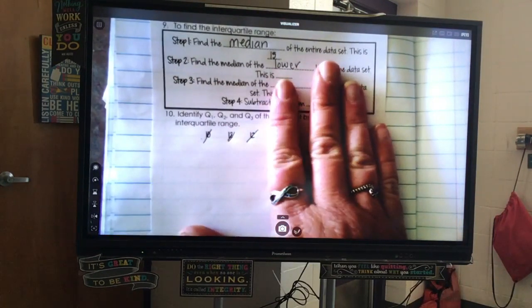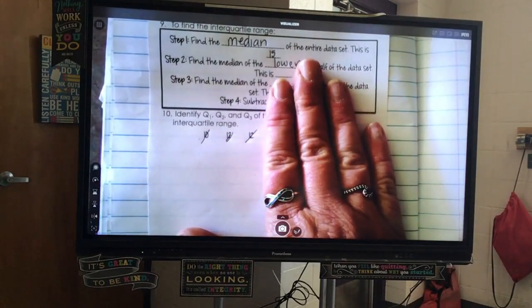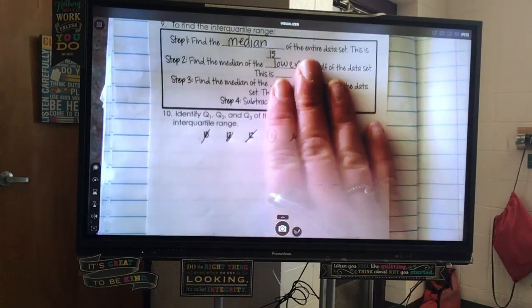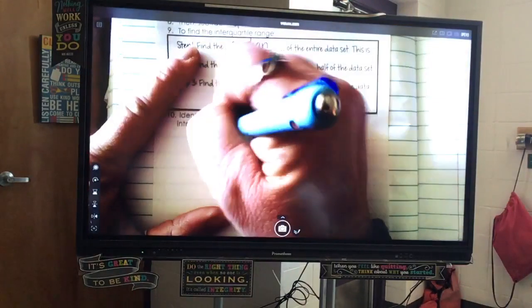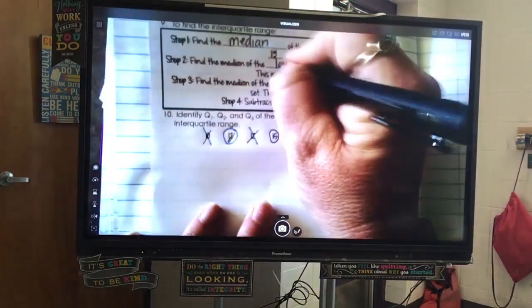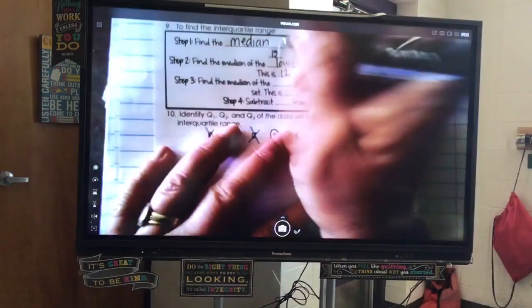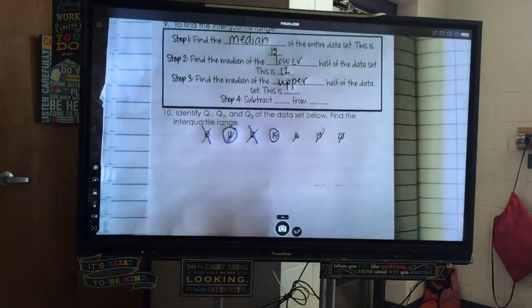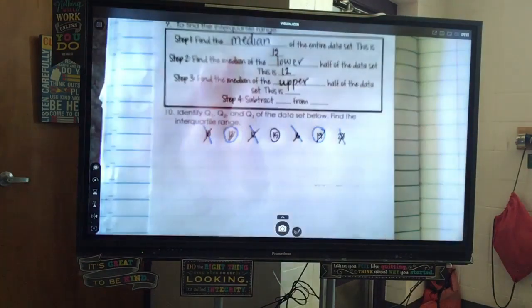This is really easy because there's only 3 numbers, so finding the median of my lower half is going to be fairly easy. So again, I just do the same thing. I cross off, and my median for the lower half is going to be 12. Alright, and then we find the median for the upper half. So doing the same thing, cross off, I have 19.